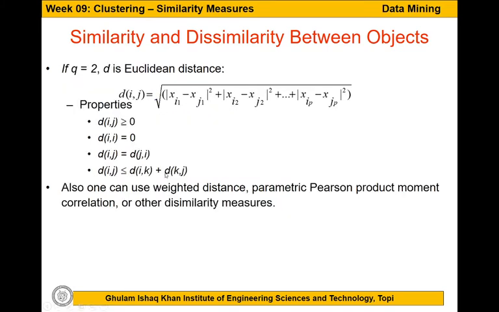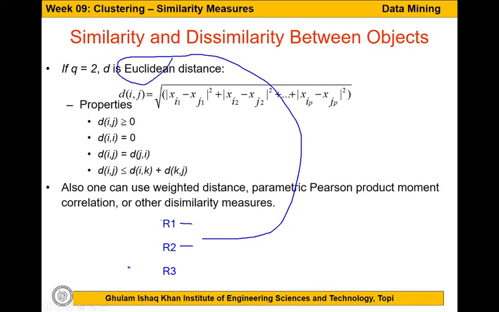So both can be used, but remember, for data, for example R1, R2, R3, if you compute the distance between R1 and R2 using Euclidean distance, and for the distance between R2 and R3 you go for, let's say, Manhattan distance, that will be wrong, right?